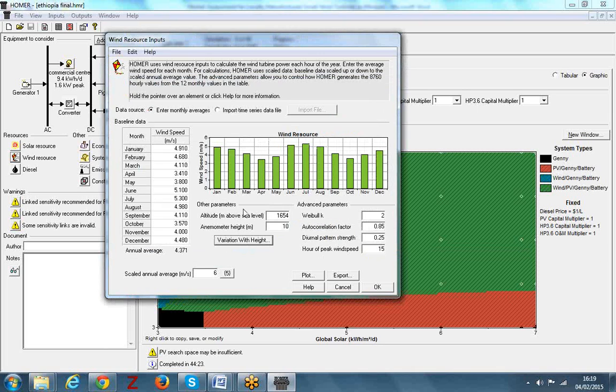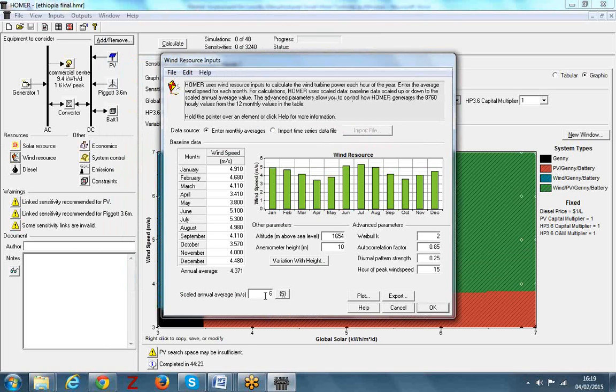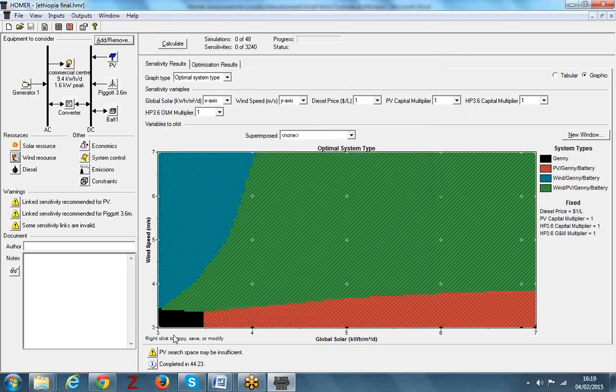That's everything that you can do. Because you put the sensitivity values, you work it out for 6, but then you say include it for 3, 4, 5, 6, and 7. Then that's what it plots on the graph. Anything from 3 until 7. Sorry, that's global solar, but there's global wind. And you do the same.